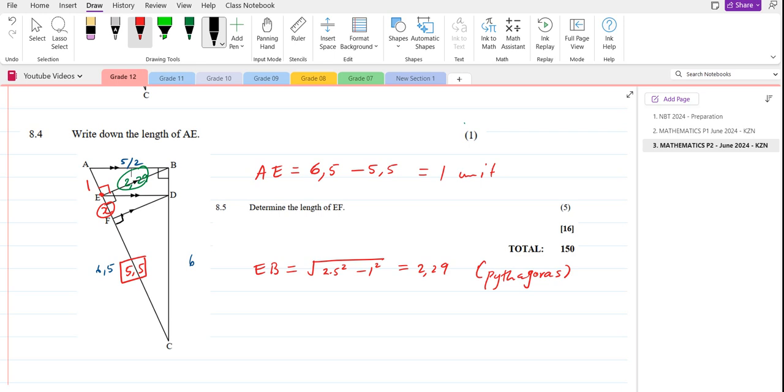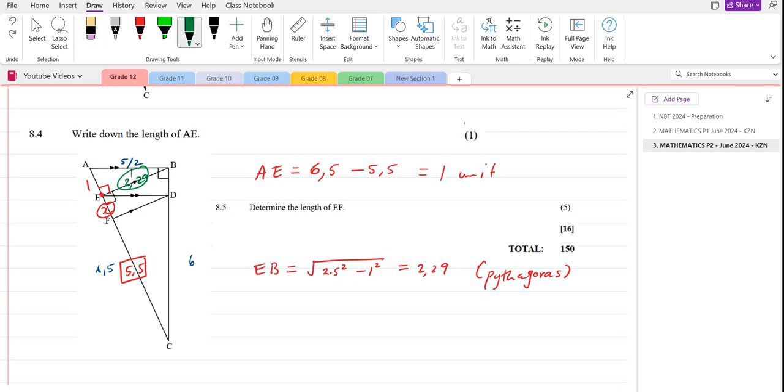Can we use prop theorem? Whoa, this is incorrect. Can't say this because AE was, no, that is right. We said AE is 1 unit, that's 2.29. It's 5 marks, so we're almost there.